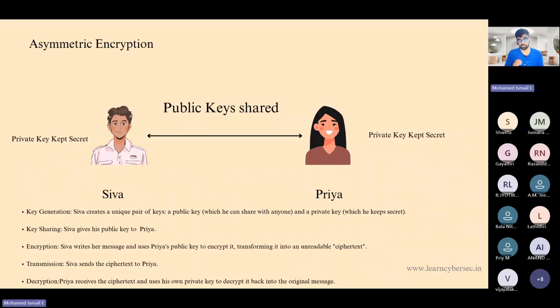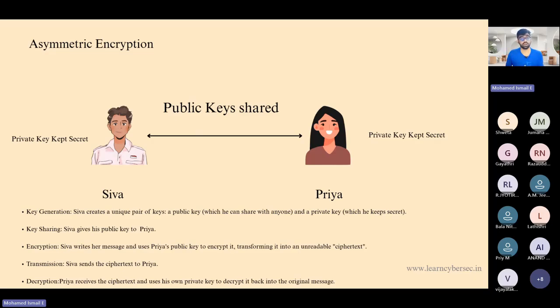In reverse order, now Priya wants to send data to Siva. Priya takes Siva's public key, encrypts the data, and sends it to Siva. Siva decrypts using Siva's private key. So the overall communication happens in encrypted form, safe and secure, using the private and public key concept.